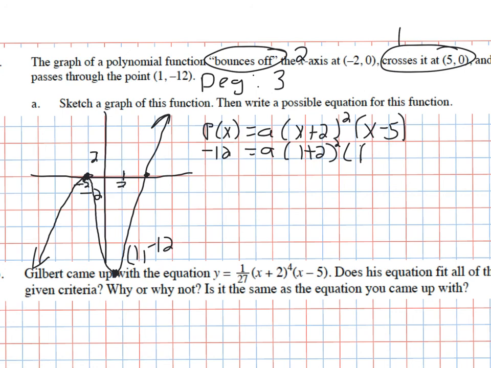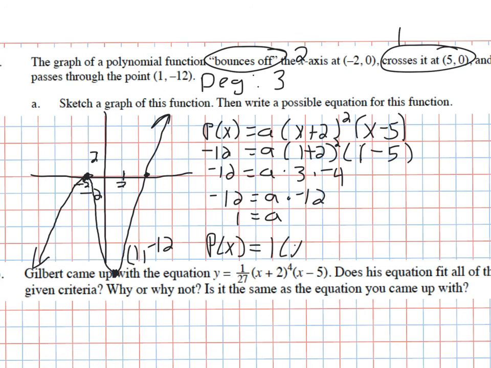So negative 12 equals a times 1 plus 2 squared times 1 minus 5, which is a times 3 times negative 4. Negative 12 equals a times negative 12. Therefore, a comes out to be 1. And my polynomial p of x equals 1 times x plus 2 squared times x minus 5.